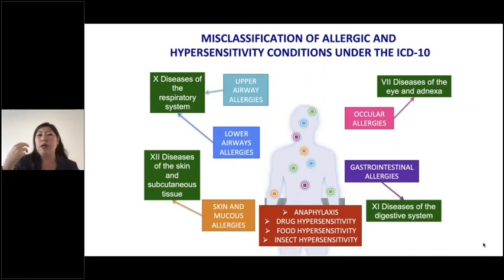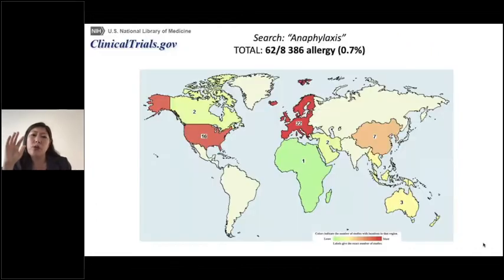For example, in the clinical trials we have been performing in terms of allergy, if you can see in the next slide, you may know this platform, ClinicalTrials, because all the clinical trials nowadays should be recorded in this platform.